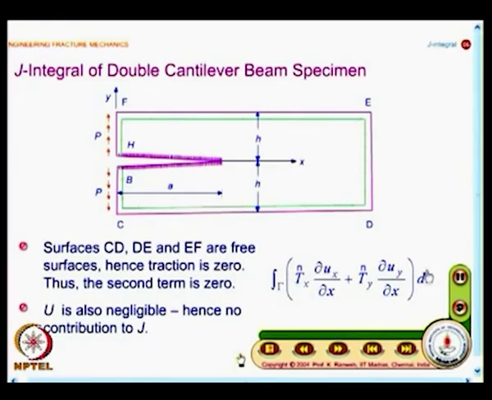Because traction is 0, the whole term goes to 0. In addition, you should also recognize that u is also negligible, hence no contribution to J. You will have dy equal to 0 in this, you will have very small values of stresses here. So, u is also negligible. So, we have to focus our attention only on the segments FH and BC.